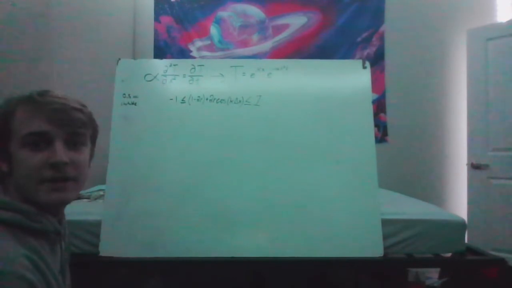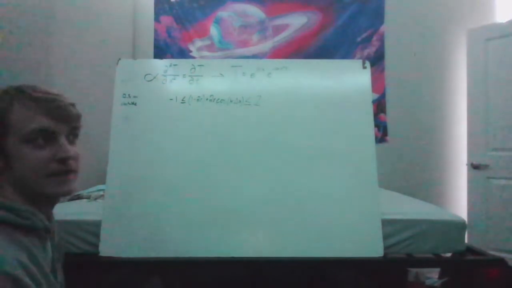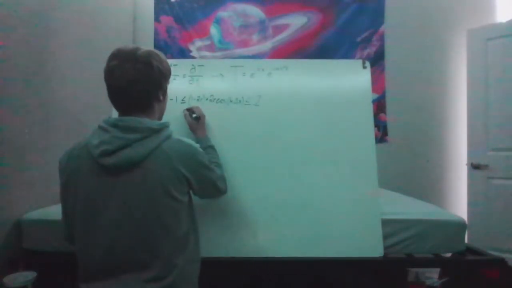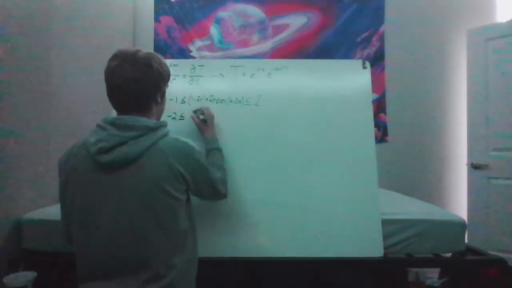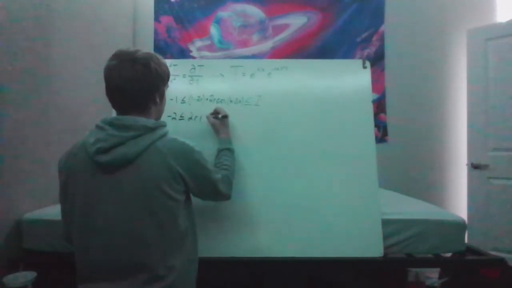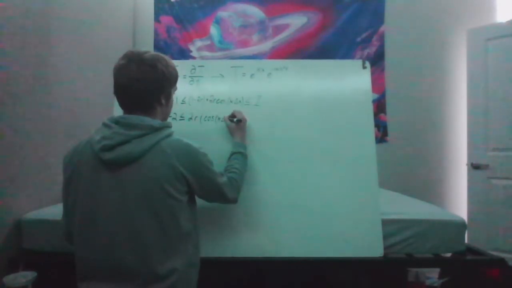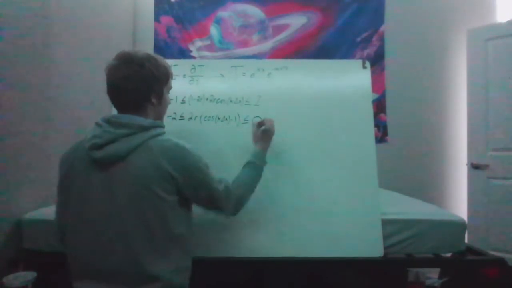And now what we can do is we can subtract 1 from both sides of this, or I guess technically all 3 sides of this inequality. So we will have -2, and then we can actually factor out this 2r, and we will have cosine k delta x minus 1, and then 0 over here.